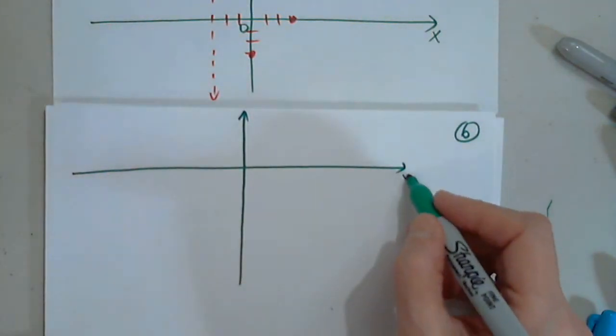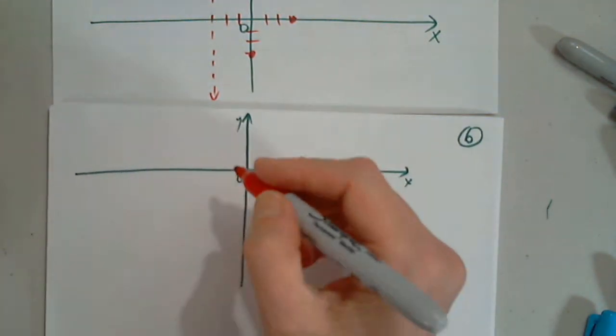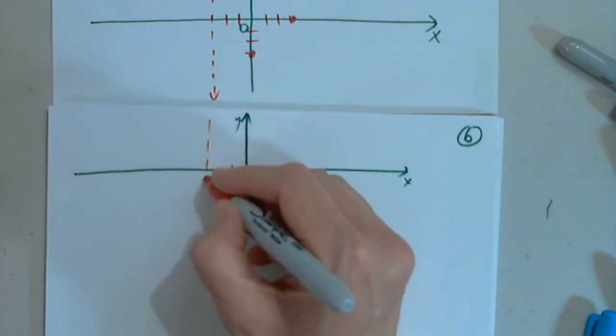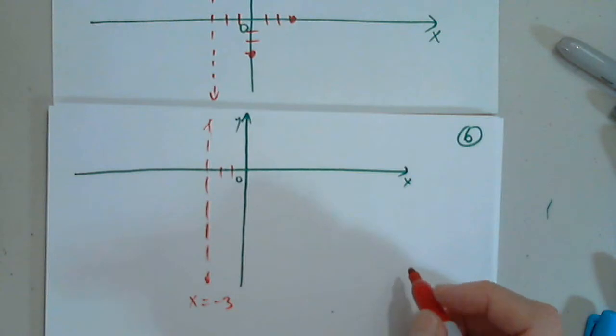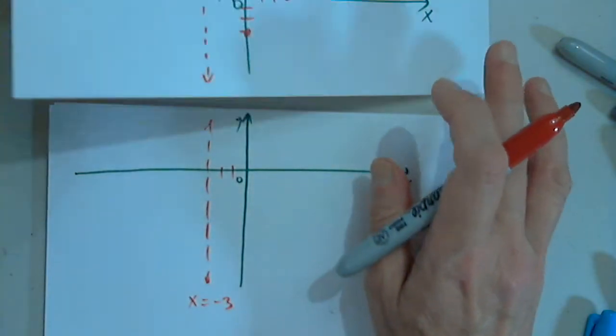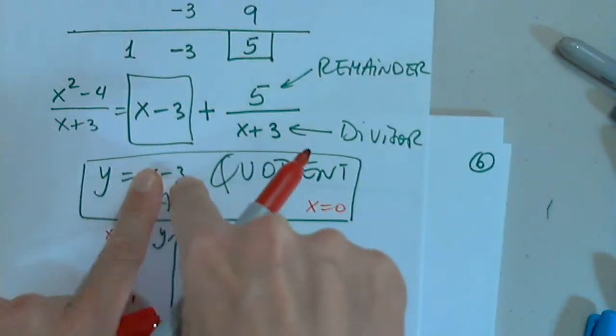So x equals negative 3. For y equals x minus 3, I have to find 2 points. When x is 0, y is negative 3.